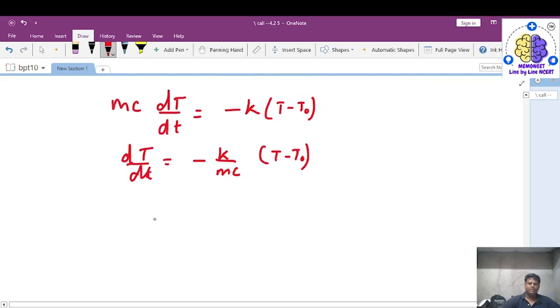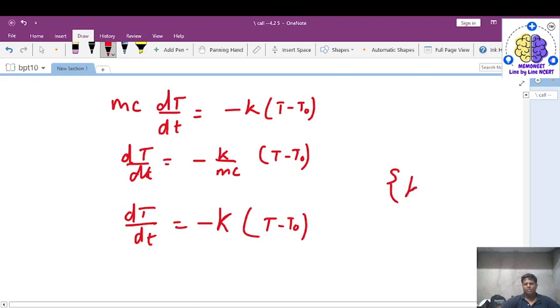Further we can write dT by dt equals minus capital K into (t minus t naught), where capital K equals small k upon mc.